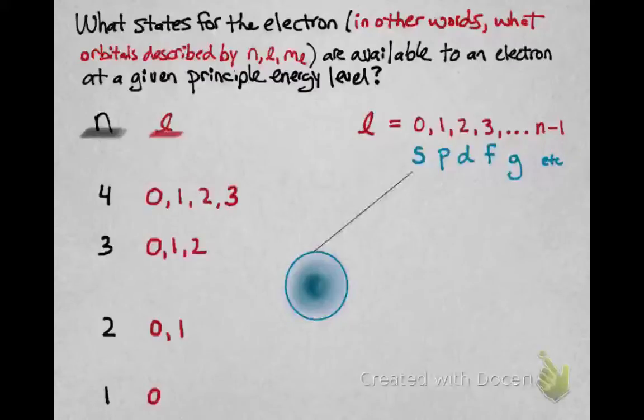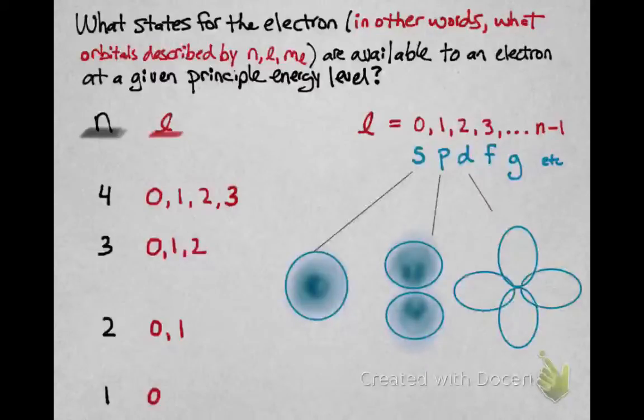The shapes of those orbitals are as indicated here. The s is spherical. The p orbital has a sort of dumbbell shape. The d orbital has this bilobal or double dumbbell shape.